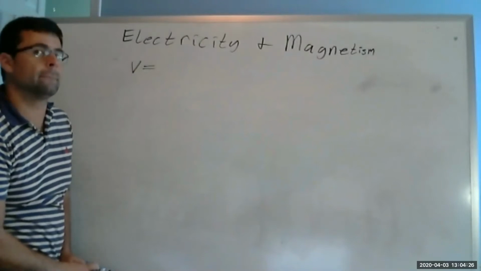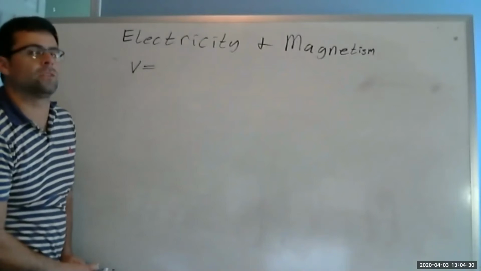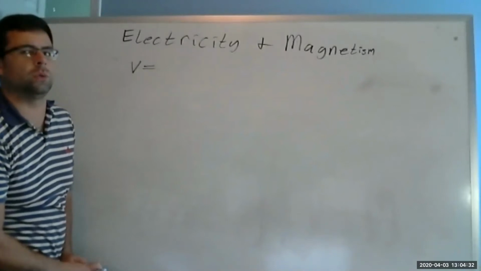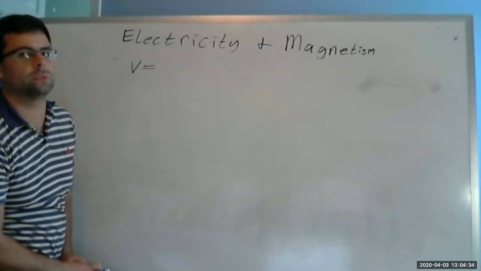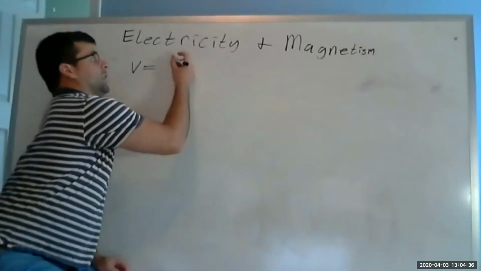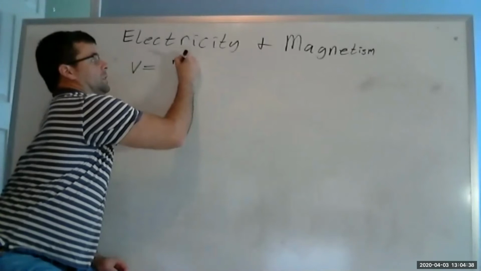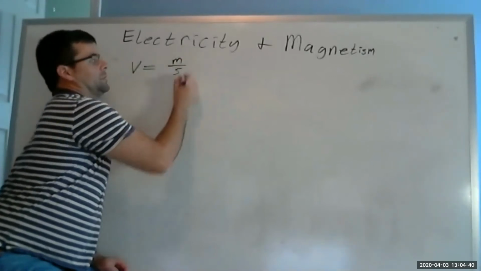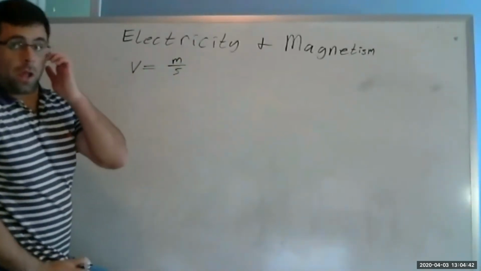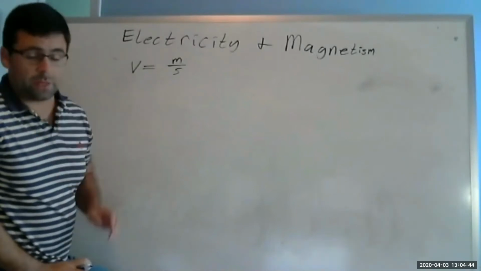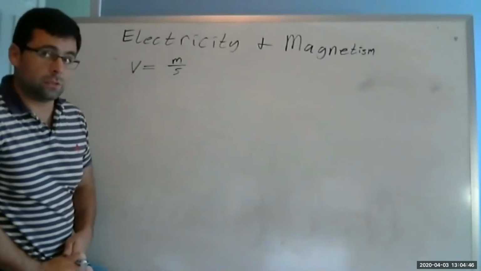The units of velocity, in most basic terms, are meters per second. But we're talking about the velocity of a wave.